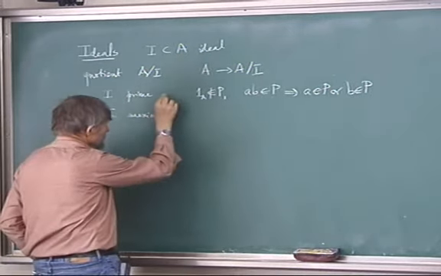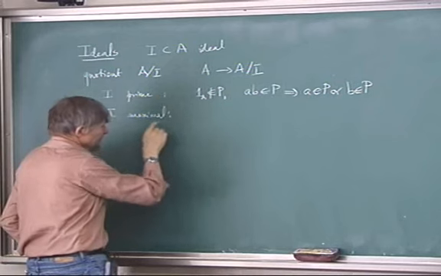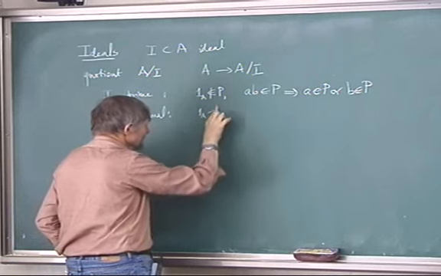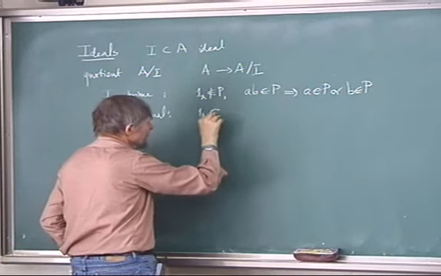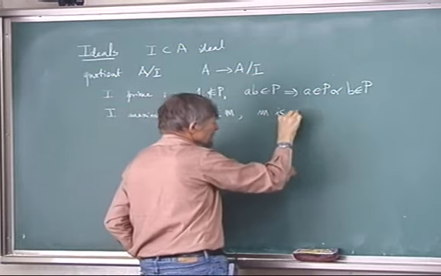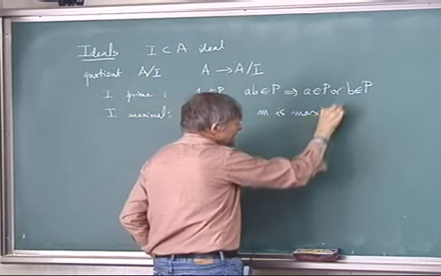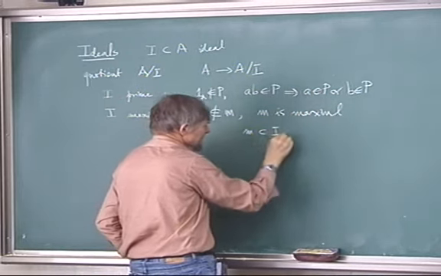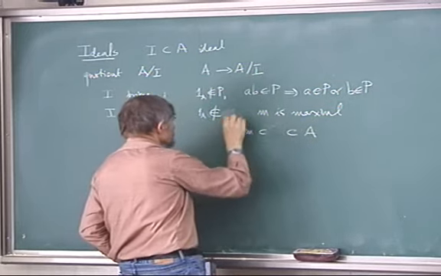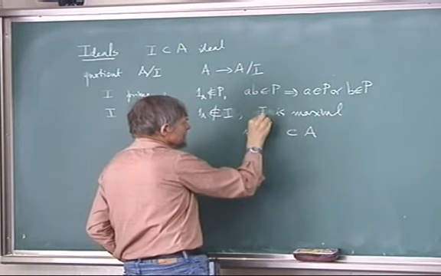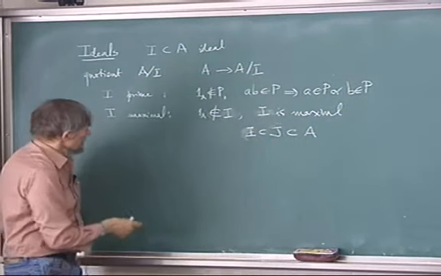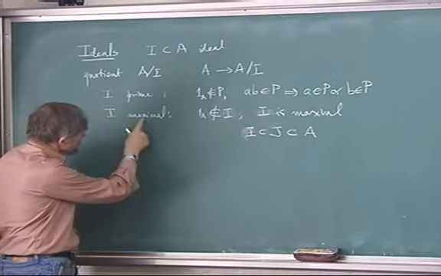So maximal, I'm just telling you the definition. The definition is that 1A is not in M, and M is maximal in the sense that M in I in A. So I'm defining what it means for an ideal to be maximal.